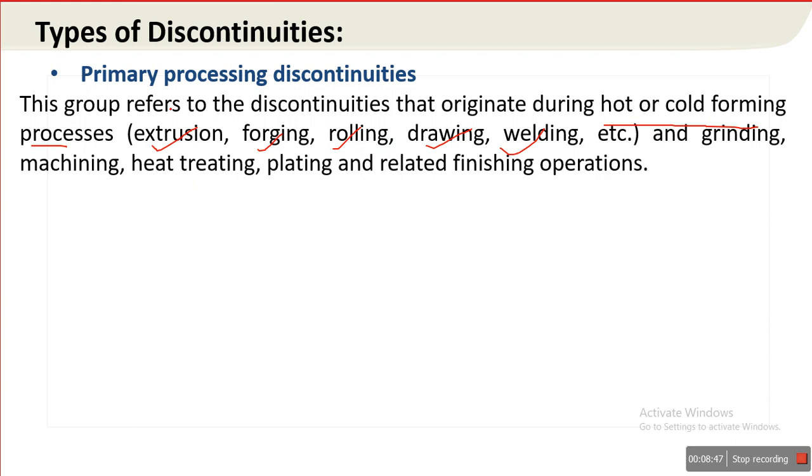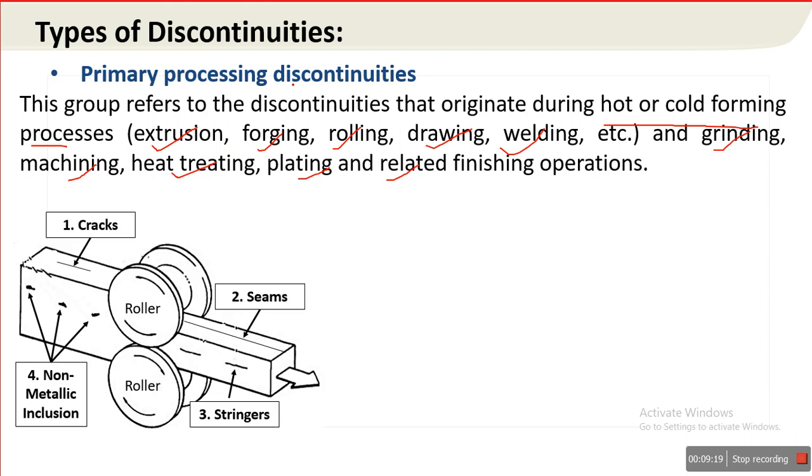Means these are primary processing methods, then grinding also, machining, heat treating, plating, related finishing operations. So there are multiple types of operations. If the discontinuity originates during this type of processing, then that discontinuity comes under this primary processing discontinuity category.